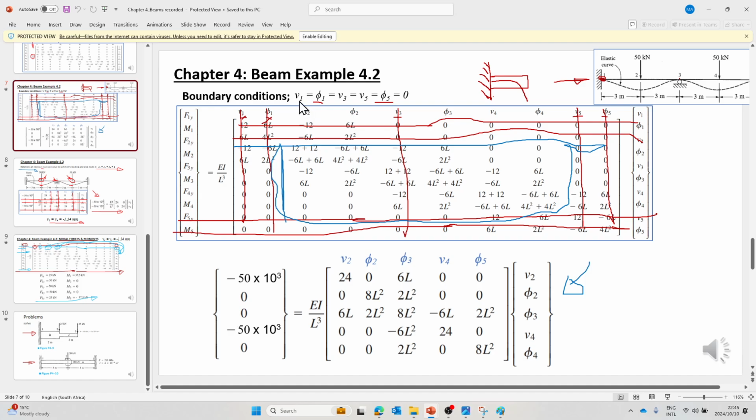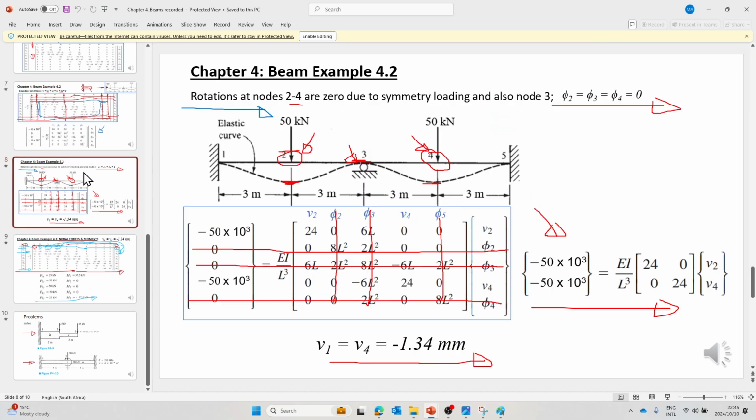Boundary condition: V1, phi 1, V3, phi 5 equal to 0. Okay, yeah, it's normal. Can you go back so that I can see?